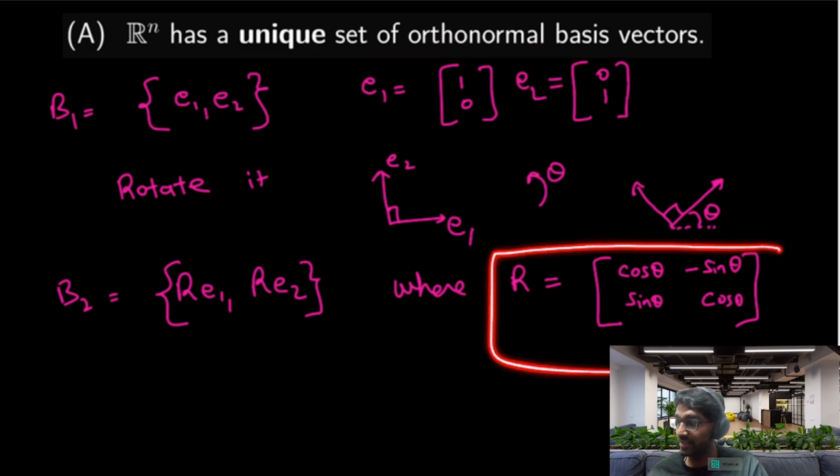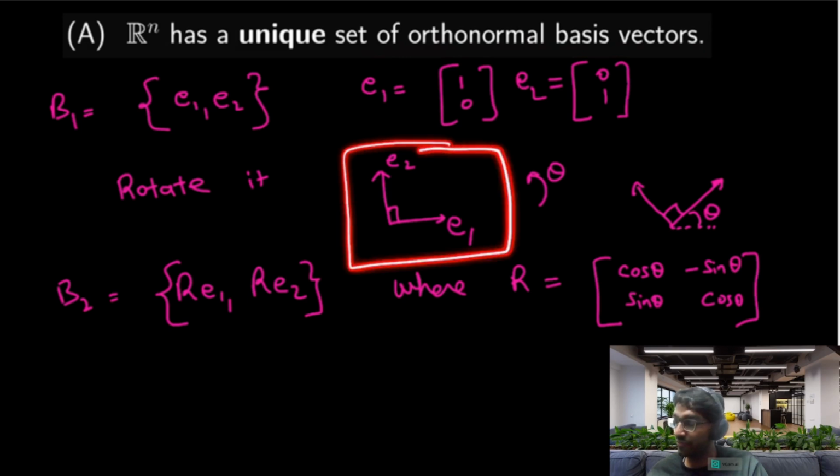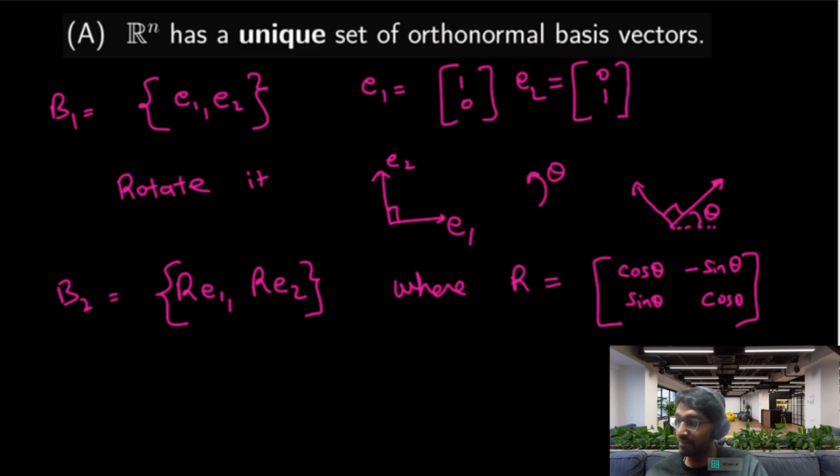And if we multiply each of the vectors, you can see that earlier E1 and E2 were like this. And if we rotate them by angle theta, they become like this. So both of these vectors are rotated by angle theta. So B2 will be RE1 comma RE2.